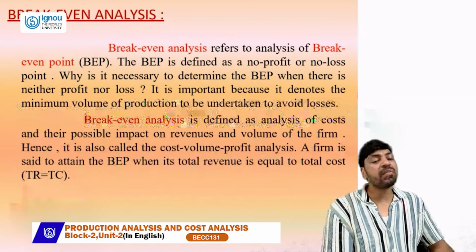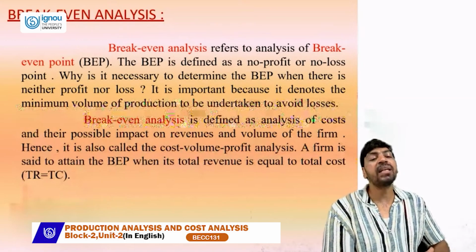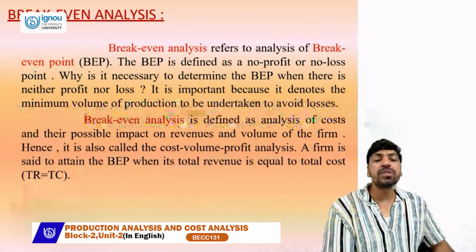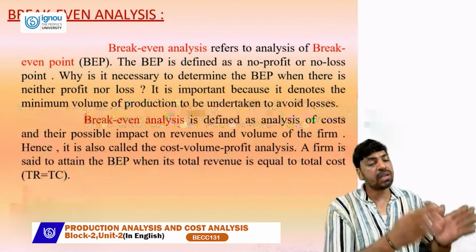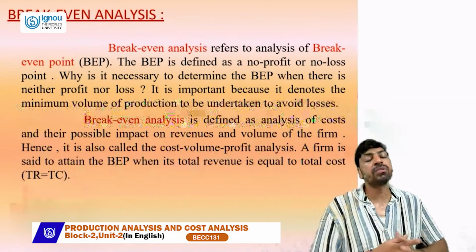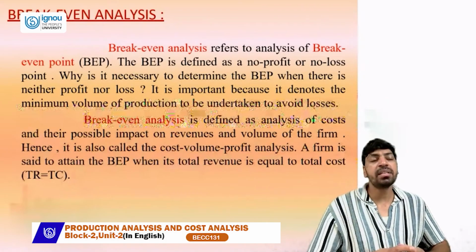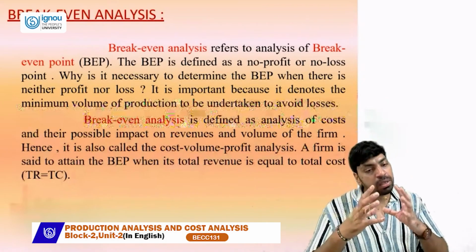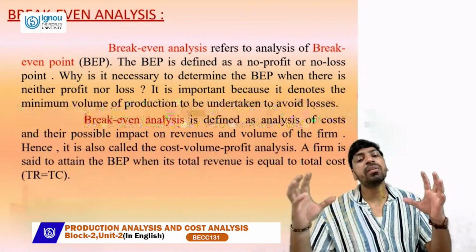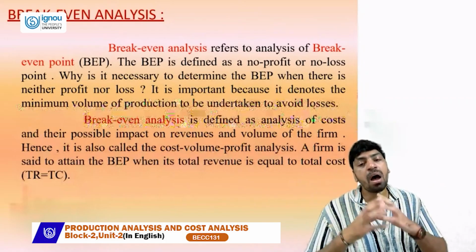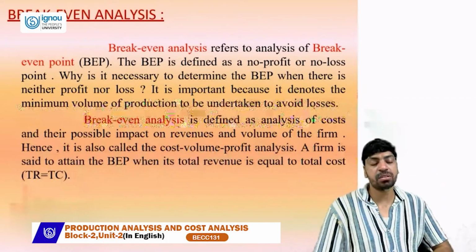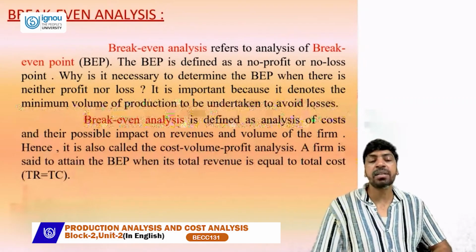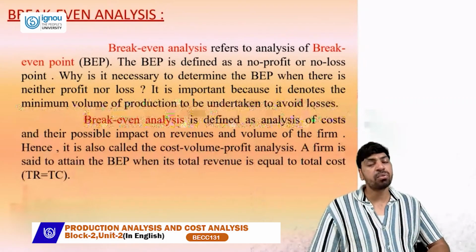Total cost is all the expenditures to produce goods and services at a particular period of time, the total amount of all the expenditure to produce a particular product and service. It's called total cost.